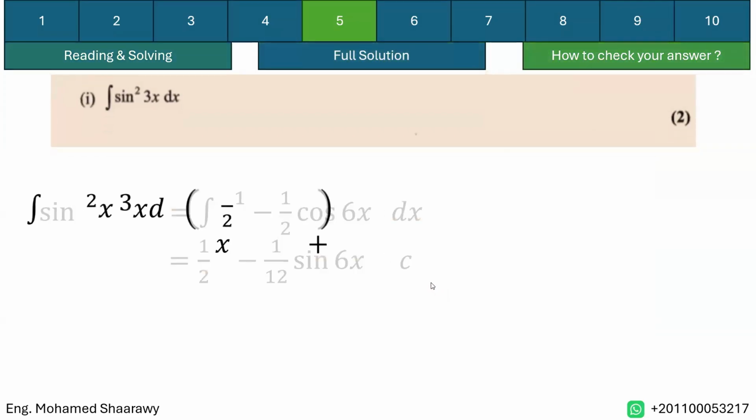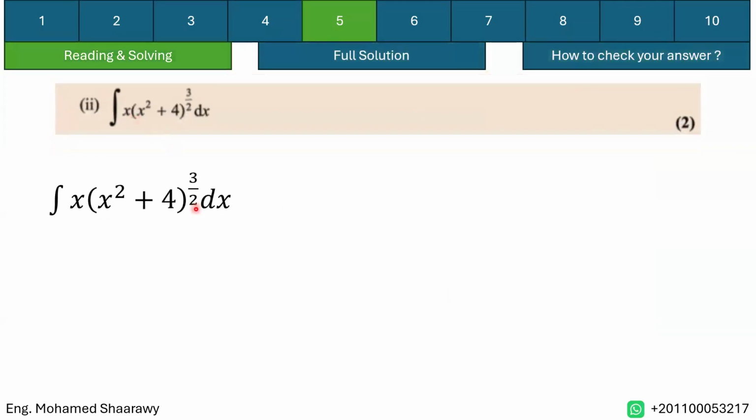Now the second part in question 5 says the integration of x multiplied by (x squared plus 4) all to the power 3 over 2. It's not easy to expand this, so I might think of the reverse chain rule. What's the differentiation of x squared plus 4?